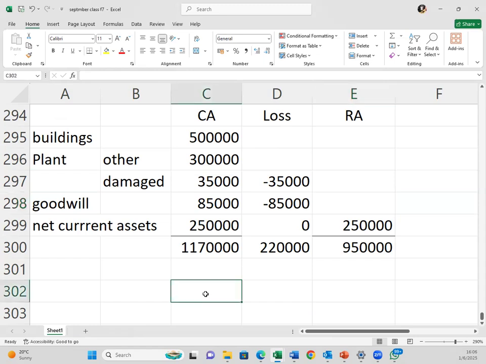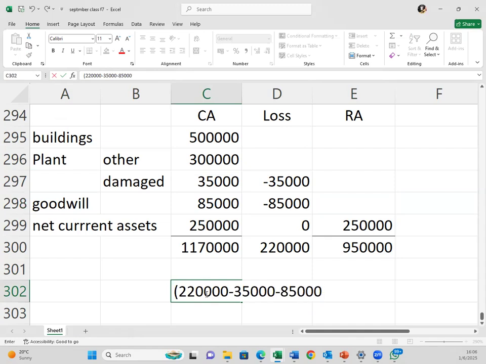So we are saying the impairment was 220,000 minus the impairment of 35,000 and the impairment of 85,000. So we deduct these impairments.